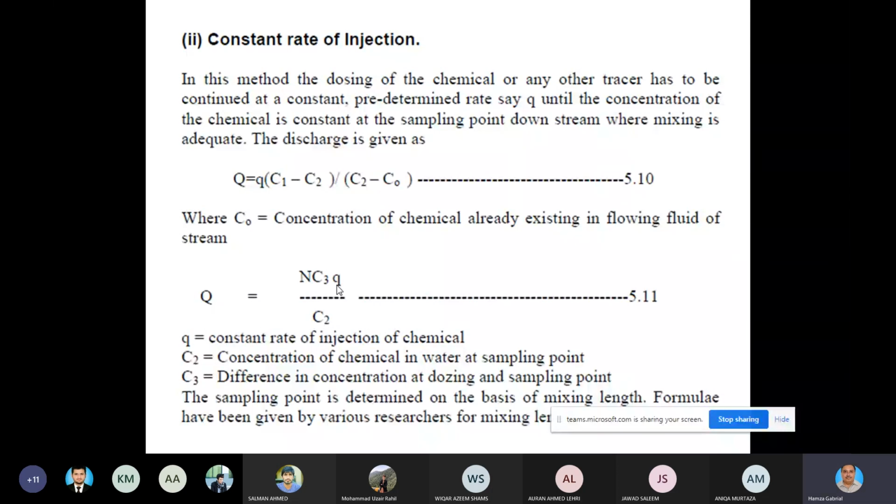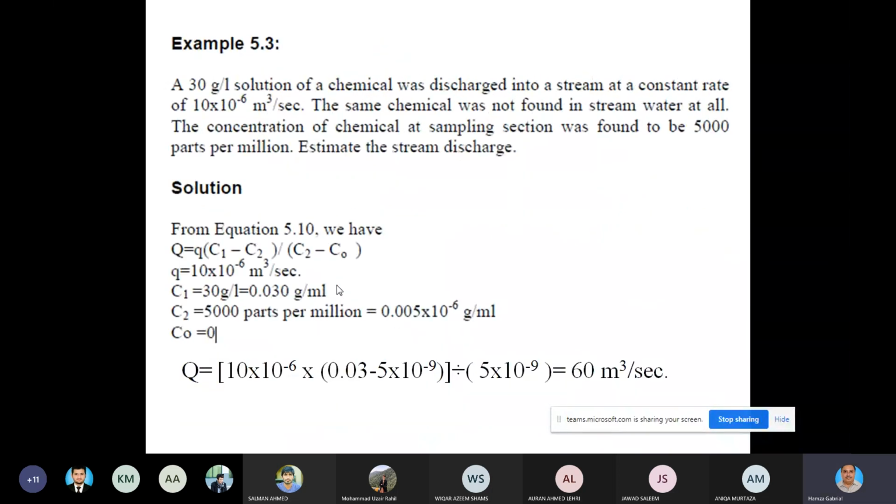So in order to illustrate this method, we take up an example here. A 30 gram per liter solution of a chemical was discharged into a stream at a constant rate of 10 into 10 to the power minus 6 cubic meters per second. So this is an example of the constant rate injection method.